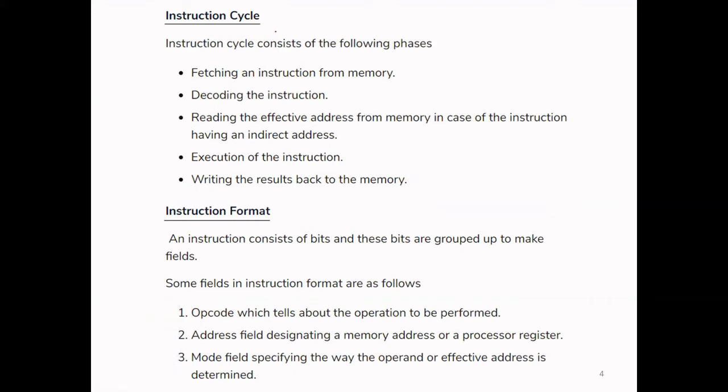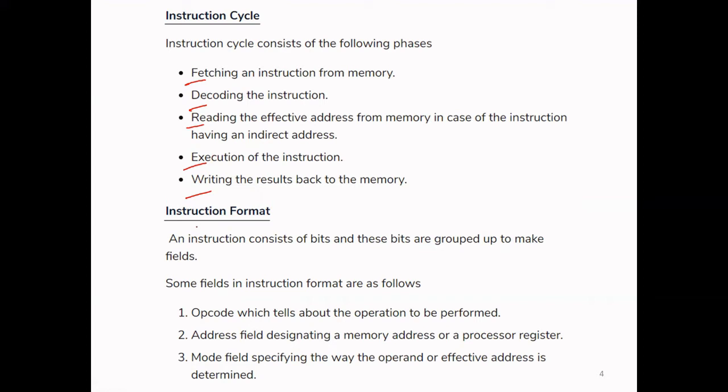The time taken to execute one instruction by the CPU is called the instruction cycle. Basically, the instruction cycle consists of operations like fetching, decoding, reading the effective address, execution of the instruction, and writing the results back to the memory. This is one cycle.